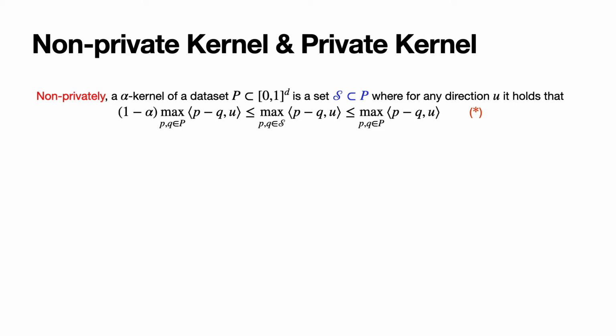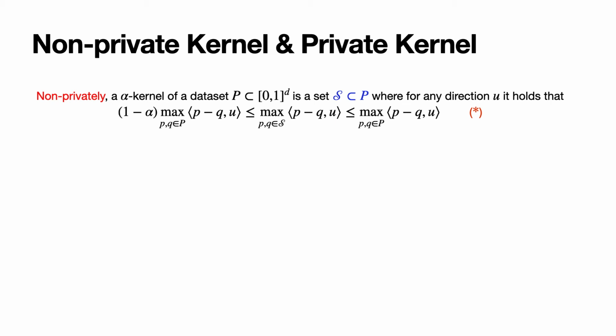In their seminal paper from 2004, Agarwal et al., motivated from the perspective of a more efficient algorithm for approximating the convex hull, defined a kernel to be a subset S of P, where for any direction U, it holds that the directional projection of S is upper bounded by the directional projection of P and is lower bounded by a 1 minus alpha scaling of the directional projection of P.